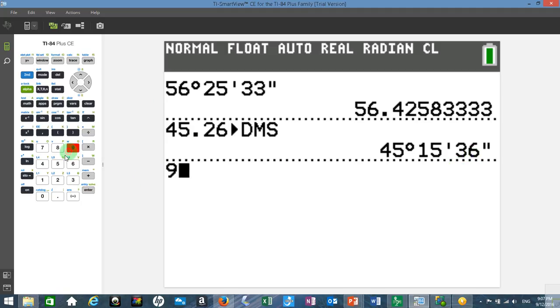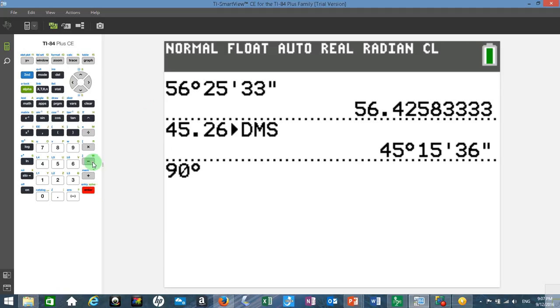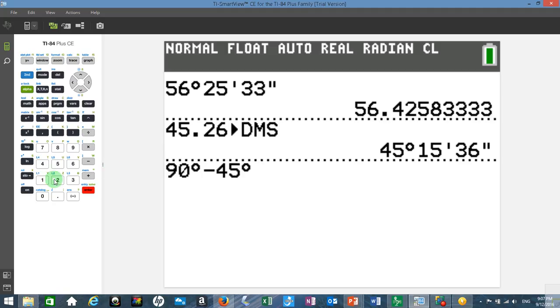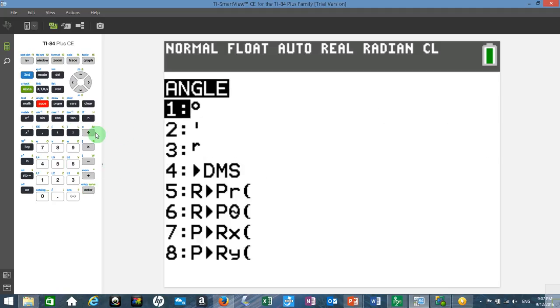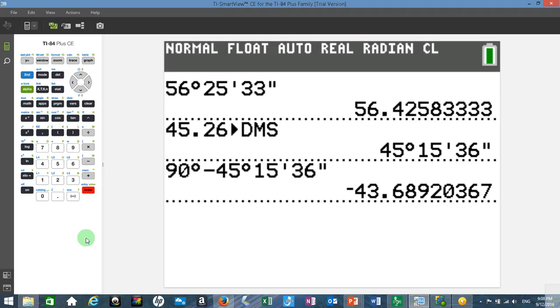Well, that's pretty simple. 90, and then go to second angle, degrees, minus, and you could type in 45, second angle, degrees, 15 minutes, second angle, 15 minutes, and 36 seconds, 36 alpha, and hit enter. Okay, and there is your angle.